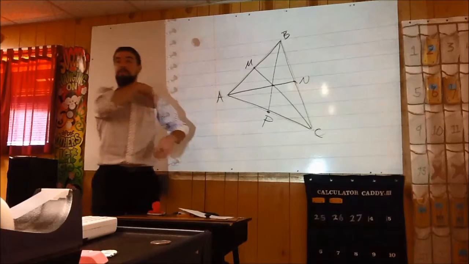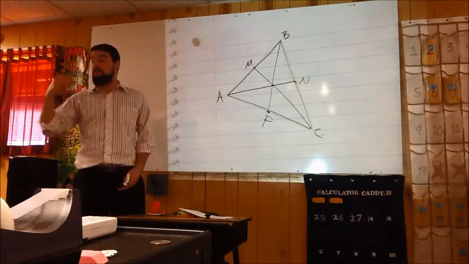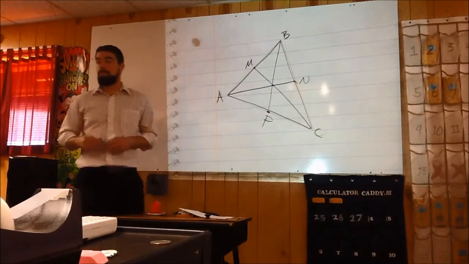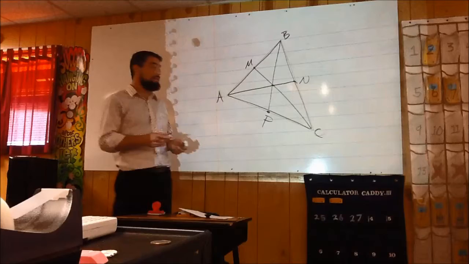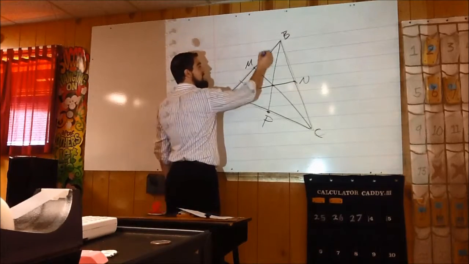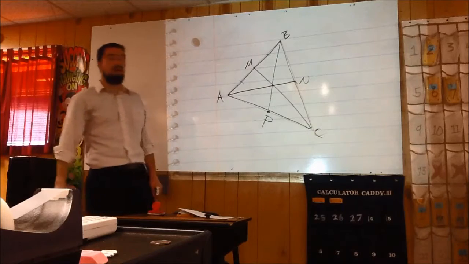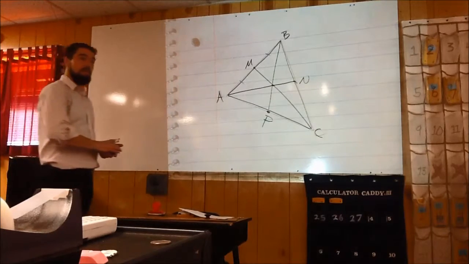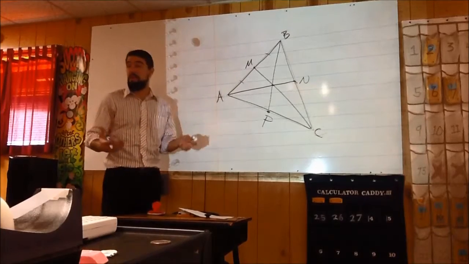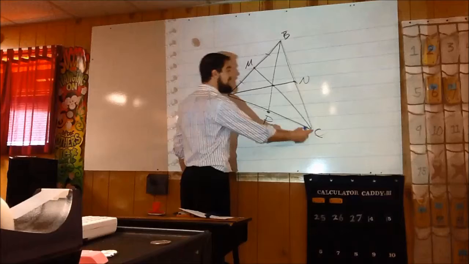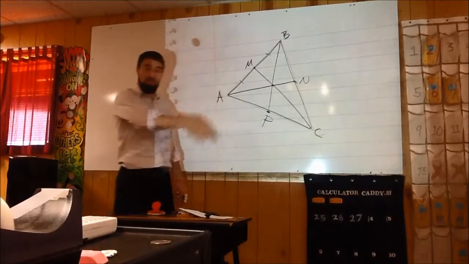Who can raise your hand and tell me some segments that they absolutely know have to be congruent? Carolyn, what's up? Segment AM and segment MB are congruent. I agree with that. But why, Carolyn? Because we drew in the midpoints, and that's by the definition of medians, that it goes from vertex to opposite side's midpoint.